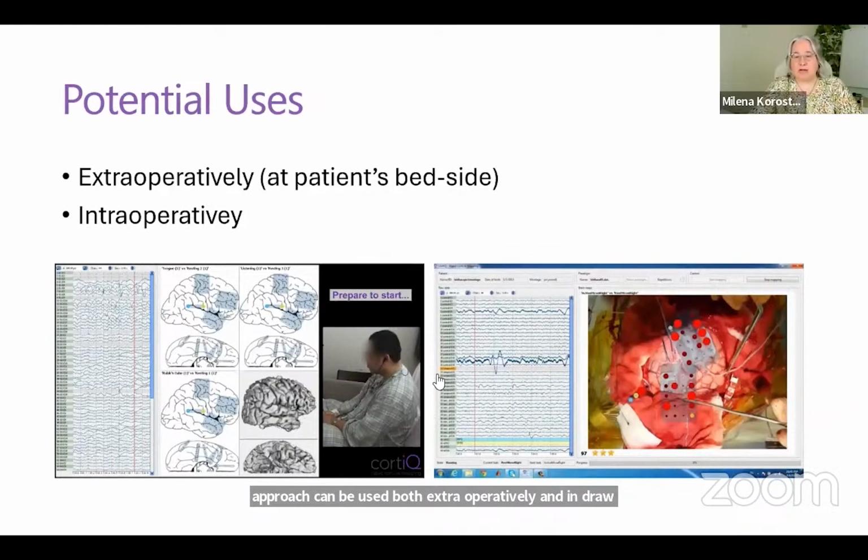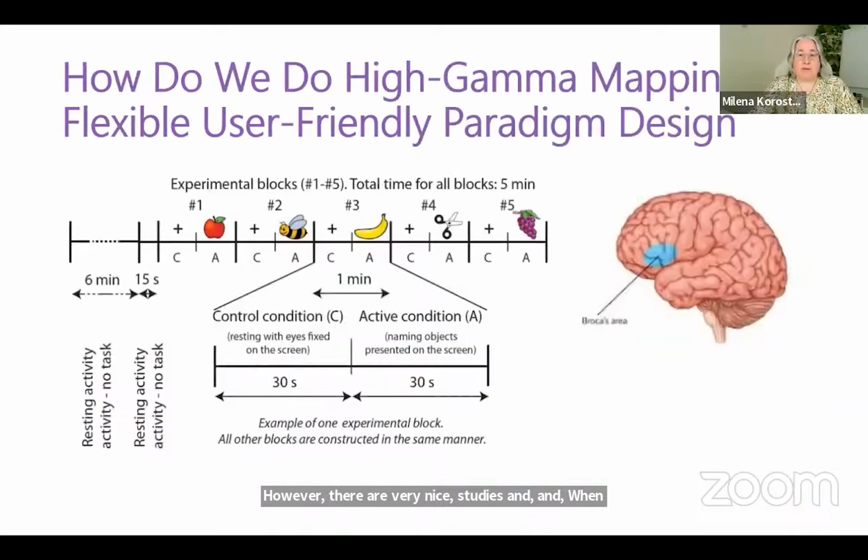However, there are very nice studies, and Dr. Kamada and many other researchers are showing this work intraoperatively. So first of all, how easy is it to use this paradigm, and again, we're talking about children. The fMRI approaches that are used during fMRI testing for functional mapping can be used during high gamma mapping.